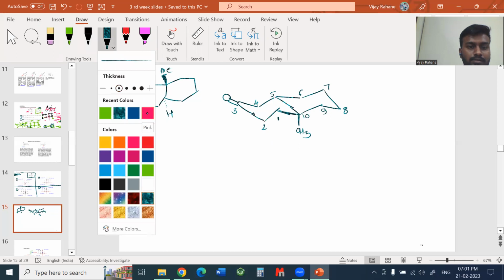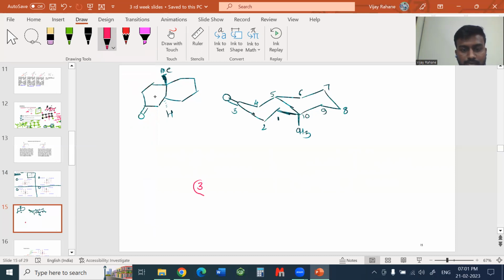Now we will do the octane projection for this one. So we'll draw this carbon first, and if you see from this side, like this, through this direction, this means the second carbon is on the right side. The second carbon is on the right side, the first carbon is here, so the remaining carbon passes through carbon 10.